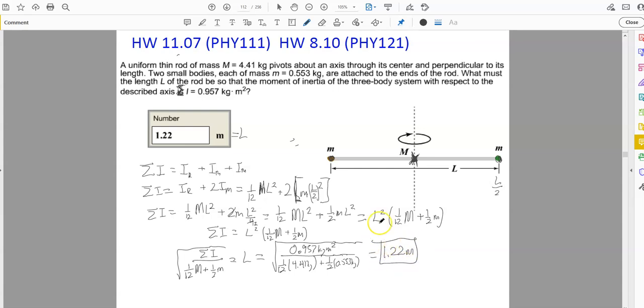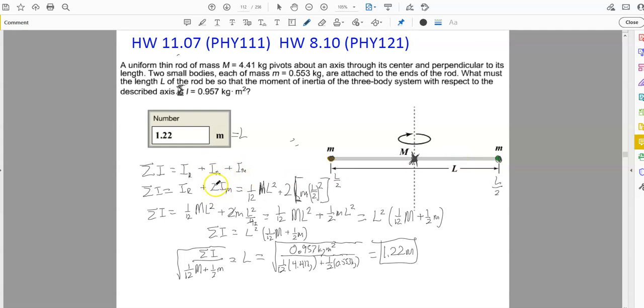Very cool. So the lesson to be learned here is: what do you do if you have to find the total moment of inertia for several objects about a center? You note their distance to their center. So both of these little masses are distance L/2 away from the center pivot point. But they're on a rod, so you have to account for that rod too. So what we did is we added up each one of those moments of inertia: the moment of inertia for the rod, plus the moment of inertia for one of those little masses, plus the moment of inertia for the other mass, which are the same.